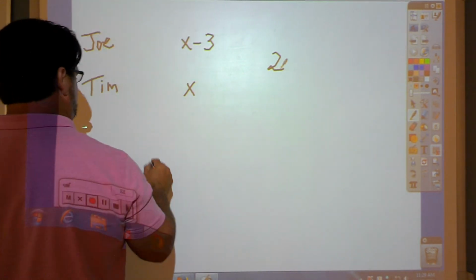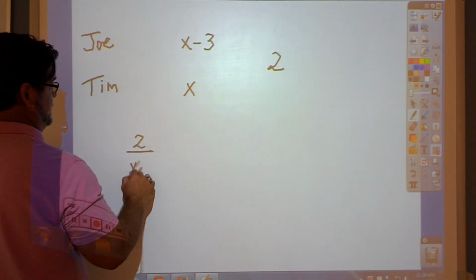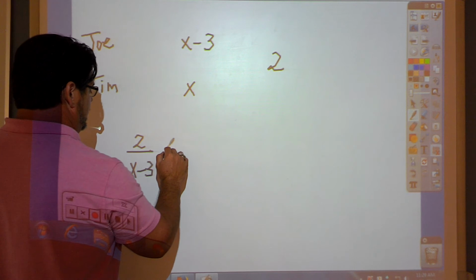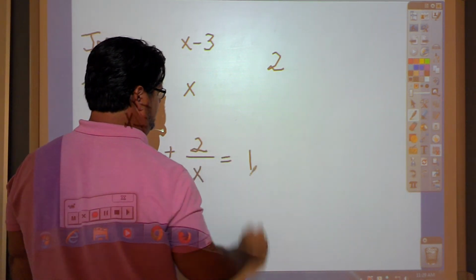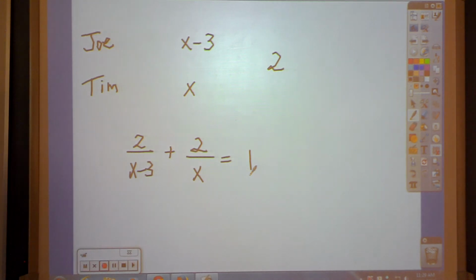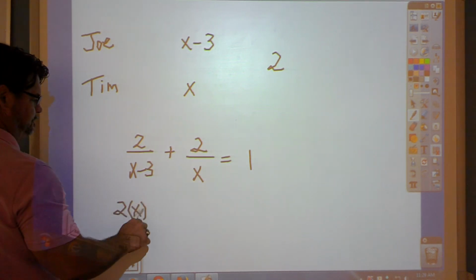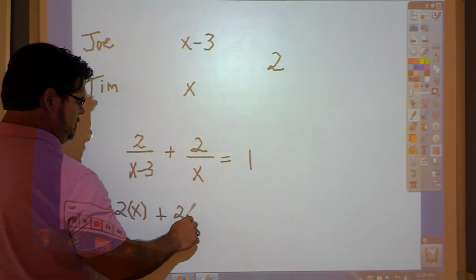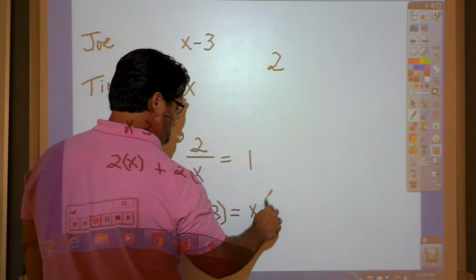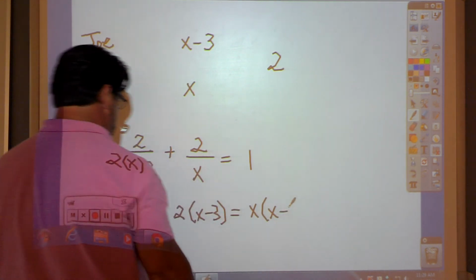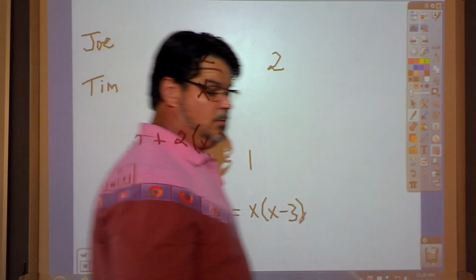So that would be 2 over x minus 3 plus 2 over x is equal to 1. 2 times x plus 2 times x minus 3 is equal to x times x minus 3. I'll go ahead and work that one.